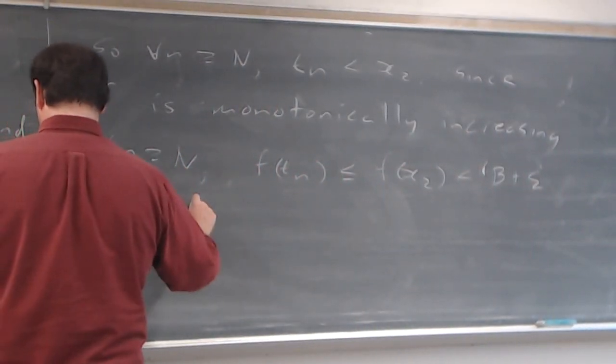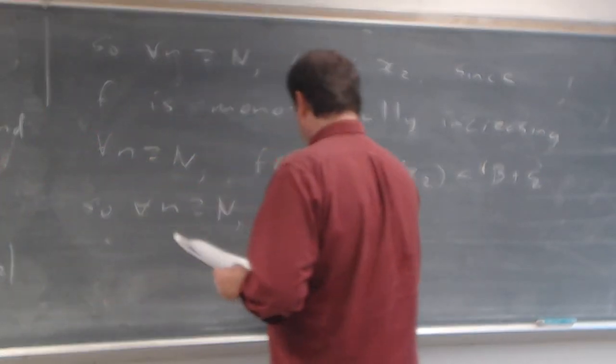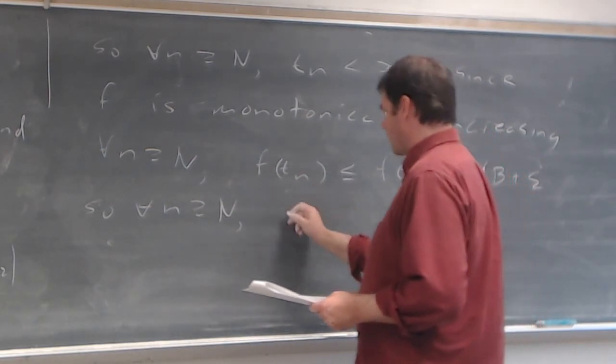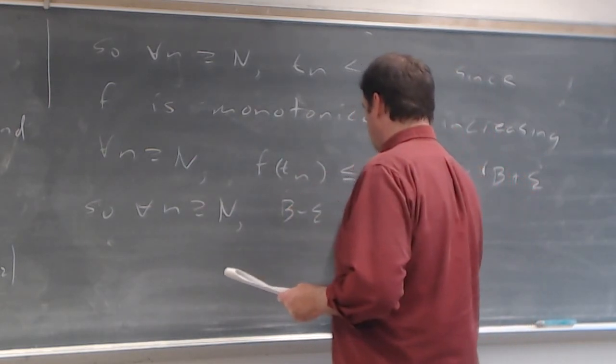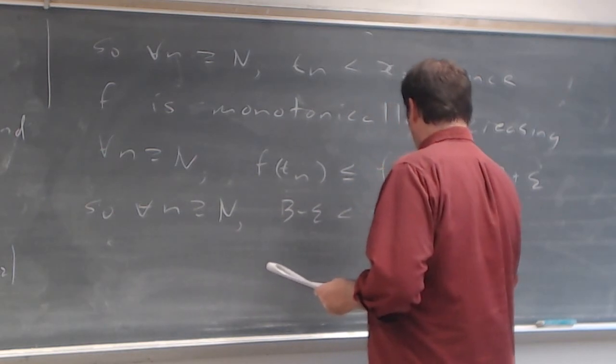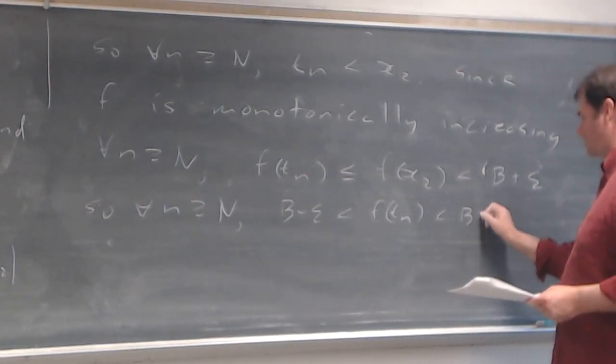So for all n bigger than or equal to this big N, remember this guy has got to be bigger than or equal to b, so we have b minus epsilon is less than f of t sub n, which is less than b plus epsilon.